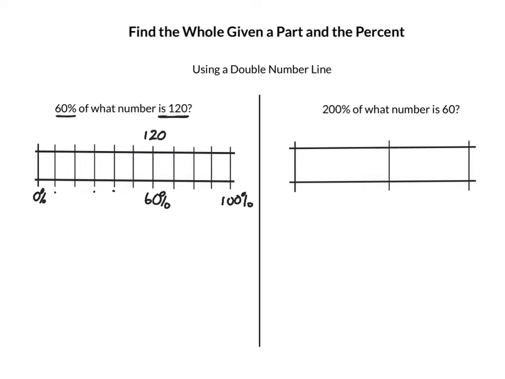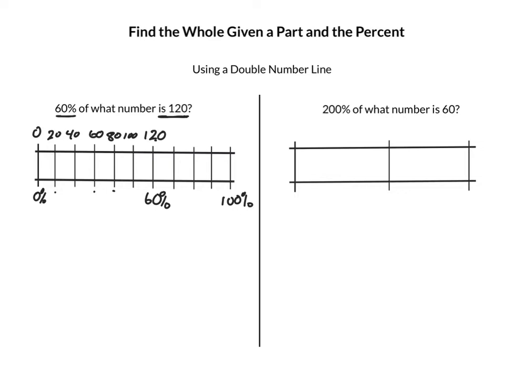To skip count from 0 to 120 with this number of lines, we would be breaking up 120 into 1, 2, 3, 4, 5, 6 pieces. 120 divided by 6 is 20, so we skip count by 20. So 20, 40, 60, 80, 100, 120.